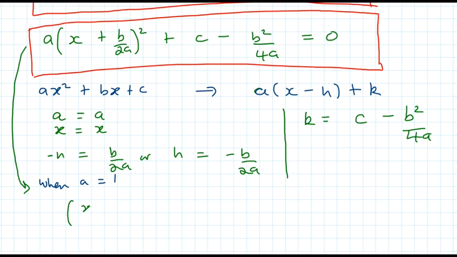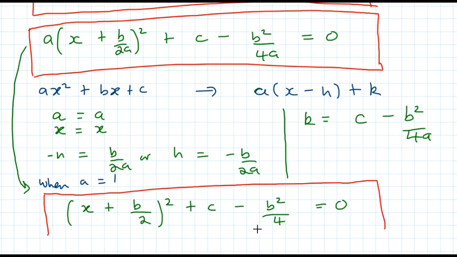In brackets, x plus b over 2, squared, plus c minus b squared over 4, is equal to 0. Let me just enclose it in a rectangular red ink. You see, this will be our result.